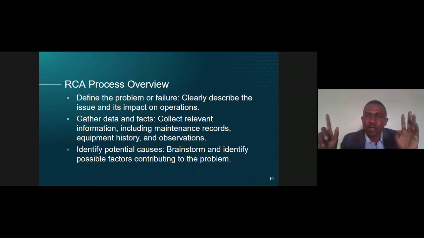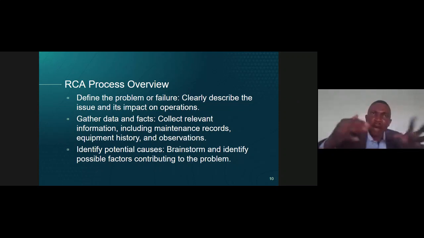Then, having done that, next is to gather your data and facts. That is where data comes in. Without data, you cannot carry out your root cause analysis. So in collecting your data, how do you go about it? You collect records from your maintenance records, from your equipment history, by observation, and even by interviews with the operators, the technicians and the engineers around.